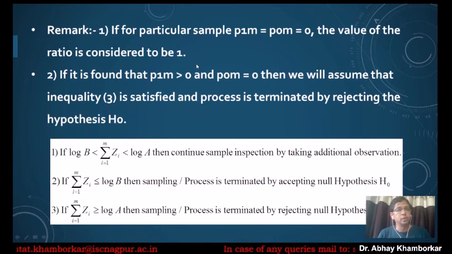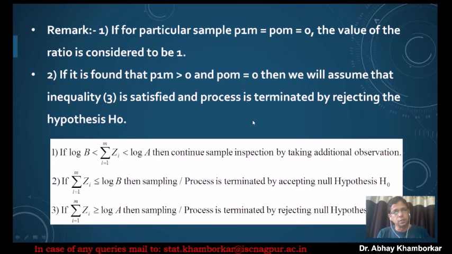Second situation: if it is found that p1m is greater than 0 but p0m equals 0. It may be that the numerator is greater than 0 but the denominator, because p0m belongs to the denominator, comes out as 0.